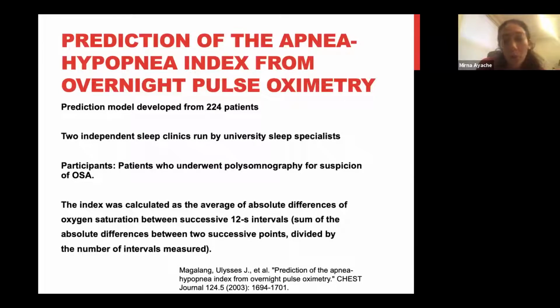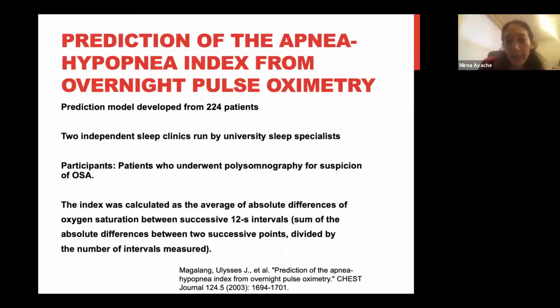Some other authors wanted to build a predictive model. This was published in Chest in 2003, and what they did is they looked at PSG results versus overnight pulse oximetry results. They created their own parameter, which is not usually reported on overnight pulse oximetry when we get it from the company.